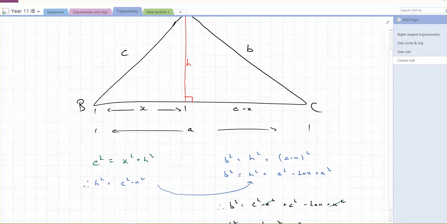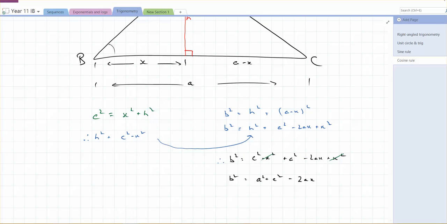So if we just do some cosing of B, would that be useful?